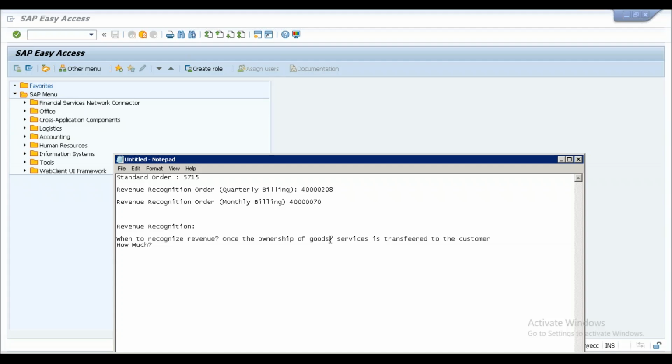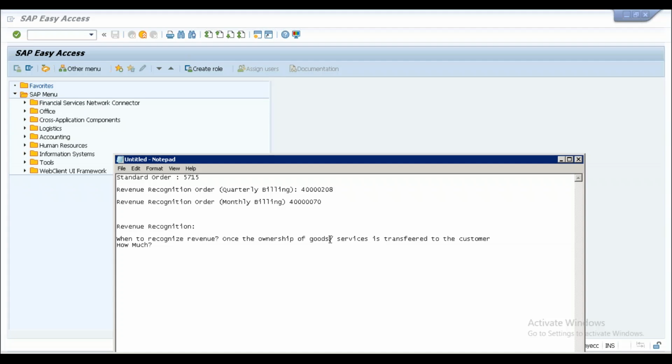Similarly, from the service point of view, once we completed our part, let's take an example of any kind of service. Let's say you are delivering internet data plans to the customer. Once you have already given the access to the user and the user is already using that particular plan, then only you can book the revenue. It should not be that I registered a package today itself.